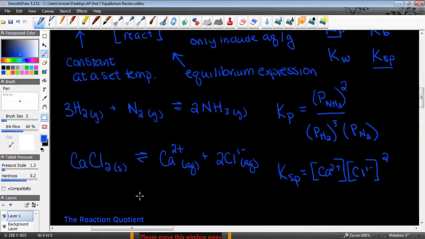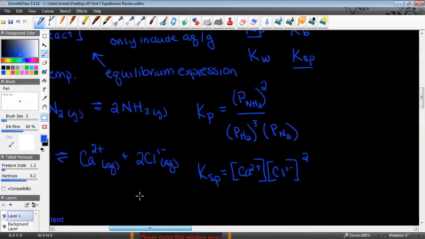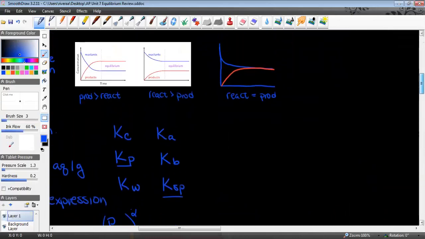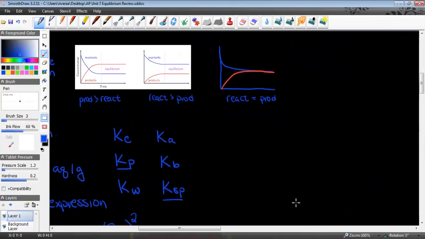All right, so why do we care, right? What do these K values tell us? Okay, this goes back up towards the point I was making up here in our graphs. Do we have more products than reactants or more reactants than products? What if you have some aqueous and some gaseous? What is the K then?